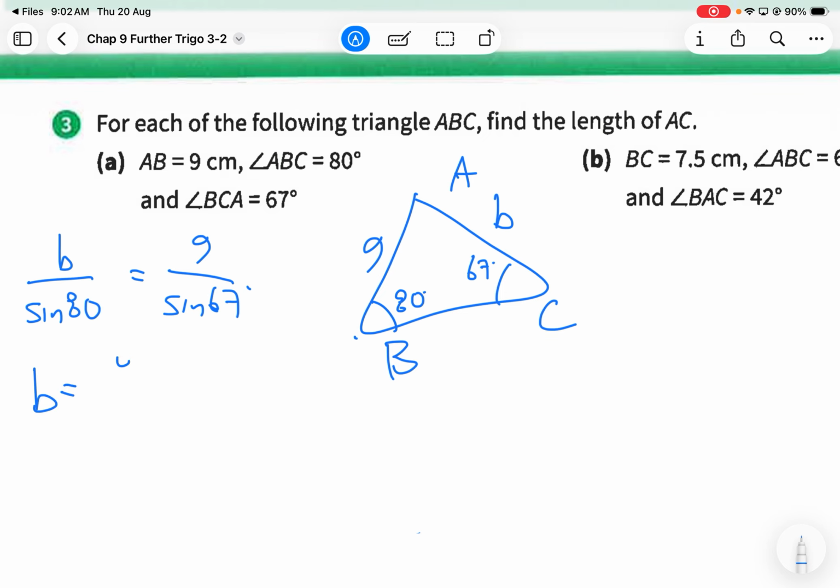Solving, just multiply over. Then press calculator. $9.6287.